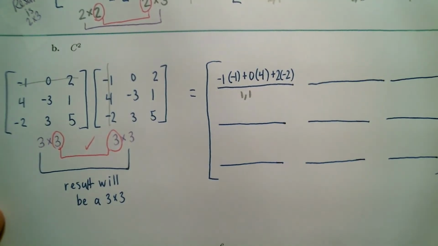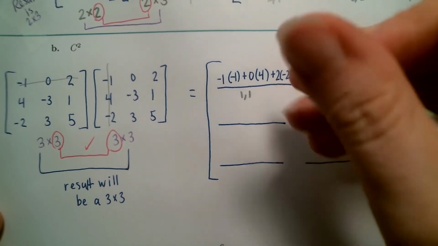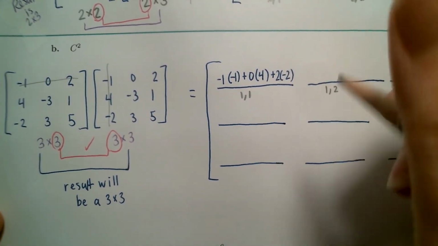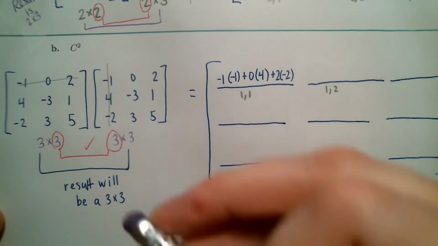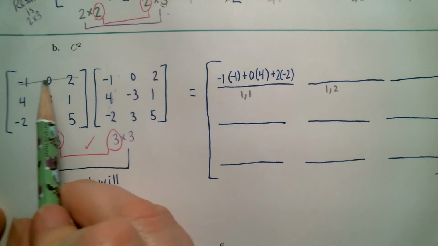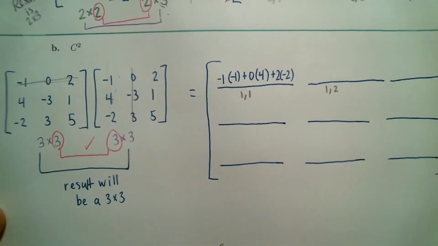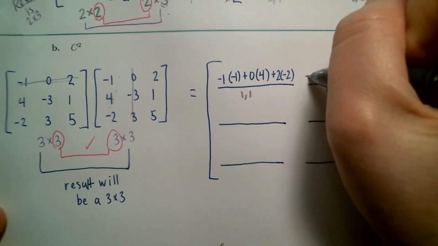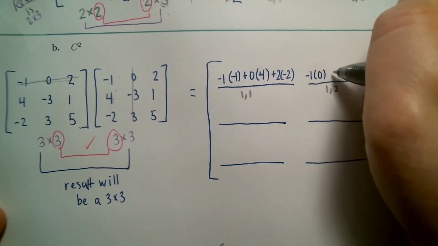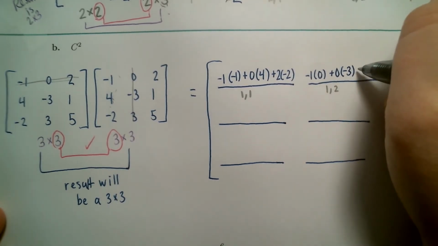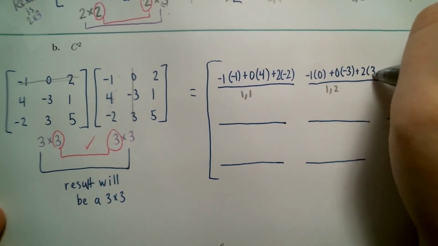That's what goes there. Next position: first row, second column. That's -1 times 0 plus 0 times -3 plus 2 times 3.